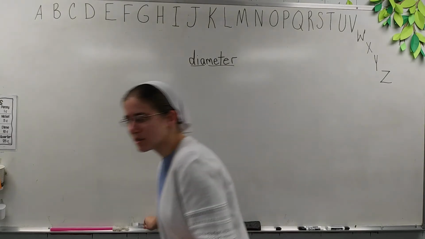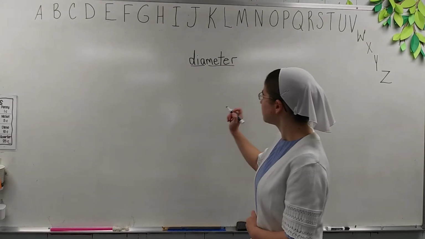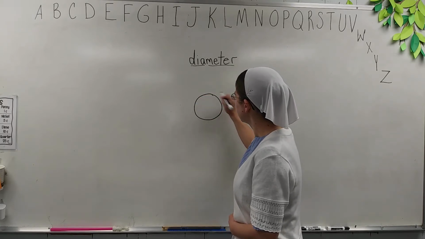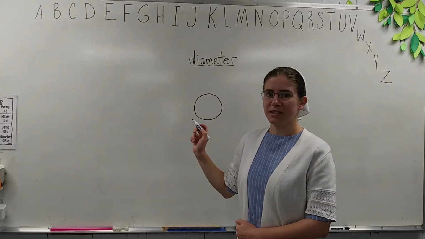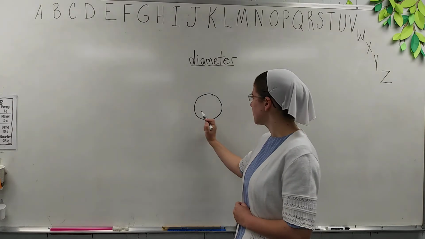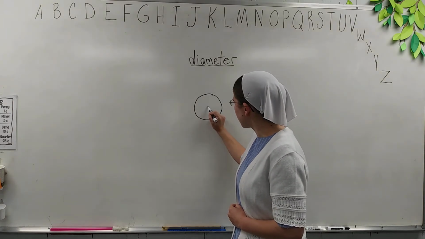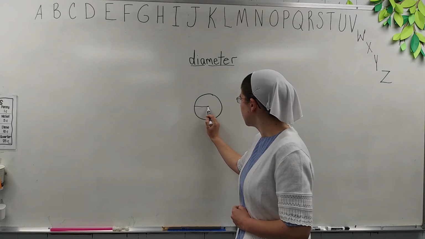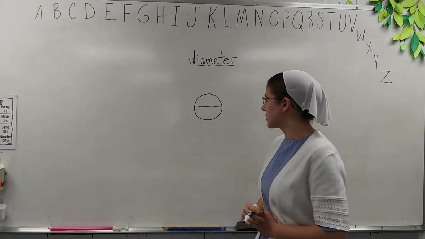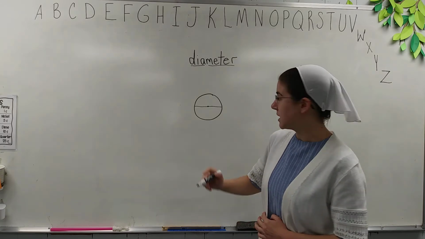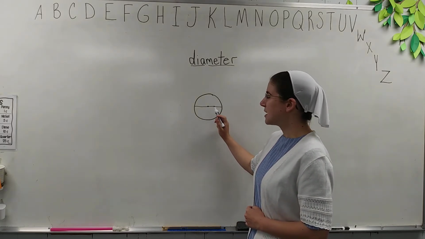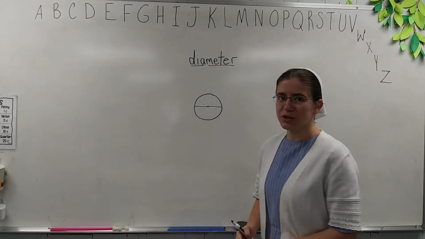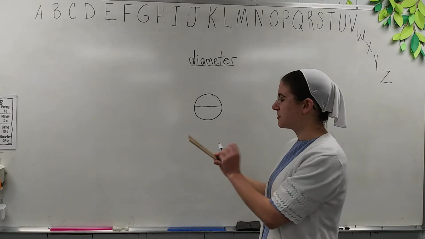So I'm going to draw a circle on the board. So let's say I have this circle, and I want to find the diameter of the circle. So the middle is about right there. So I'm going to draw a line right through the middle of my circle. It's close to the middle anyway. So now to find the diameter of the circle, I'm going to measure right through the middle of my circle.